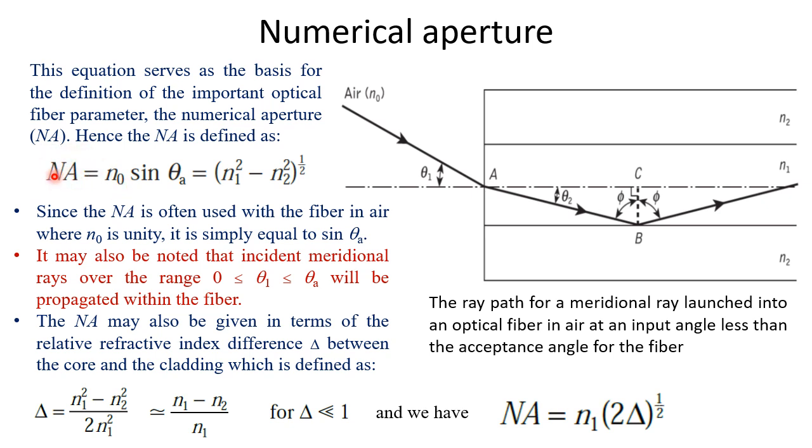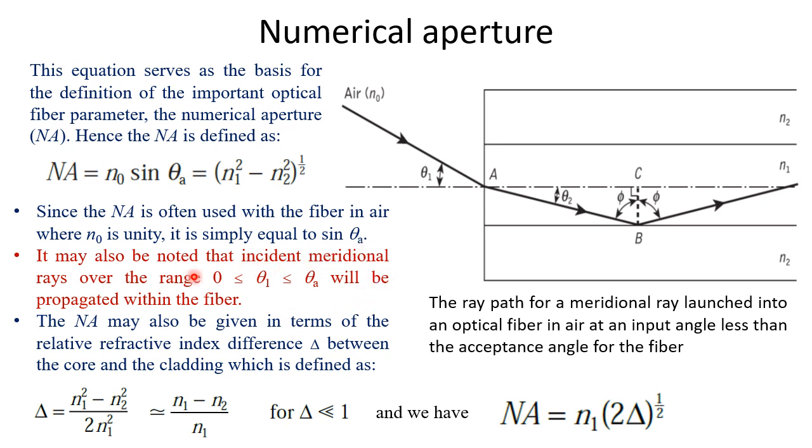So this numerical aperture can be written as square root of n1 square minus n2 square. Numerical aperture is often used with a fiber in air where n0 is unity. It is simply equal to sine theta a. When this medium is air, we can assume that n0 equal to 1, so it is basically the sine of the acceptance angle.